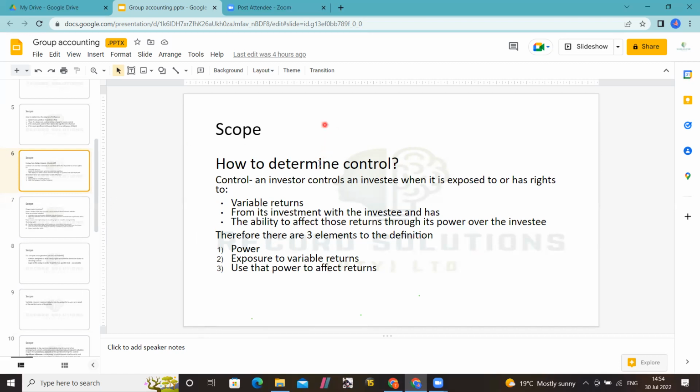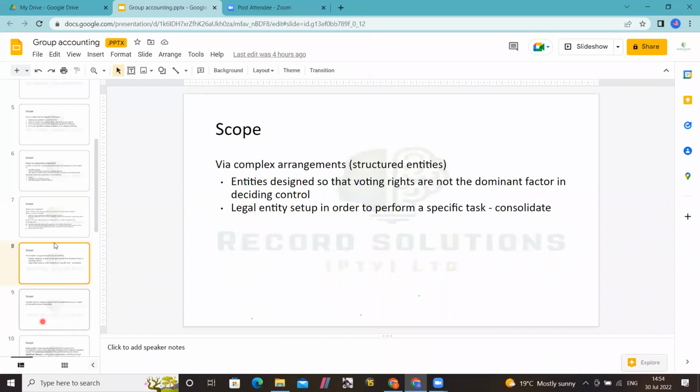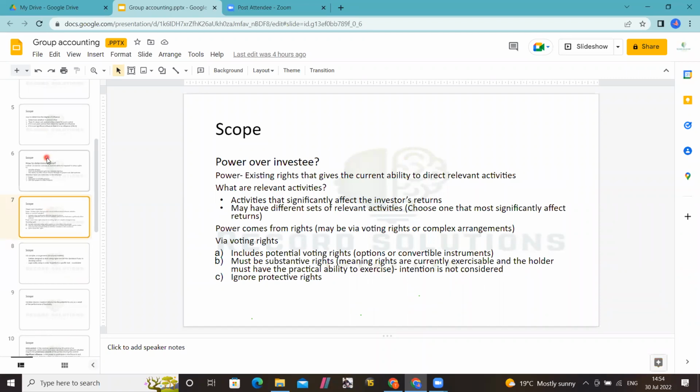Because that's the actual truth. It can use its power to direct relevant activities, and these relevant activities, what do they affect? We said relevant activities significantly affect returns. So they all link up, and then after that, you've determined control.